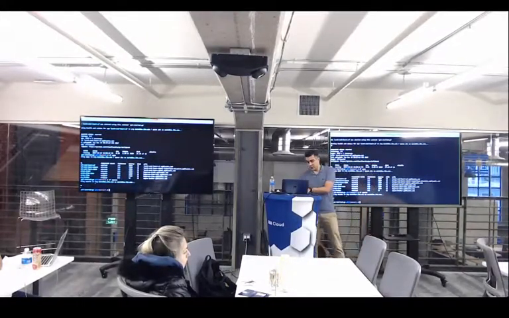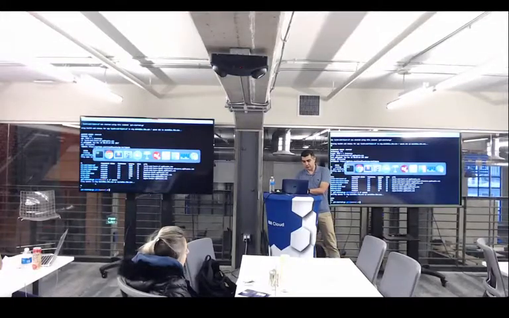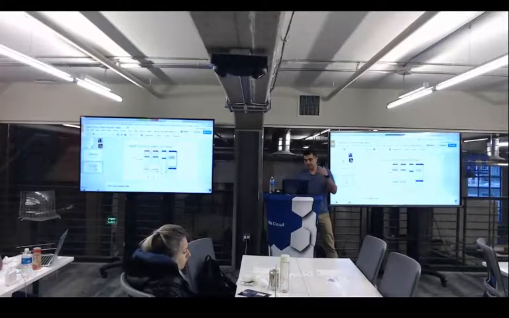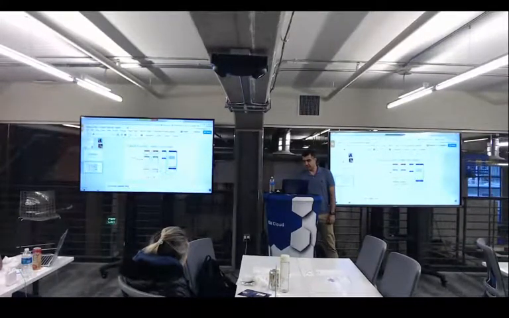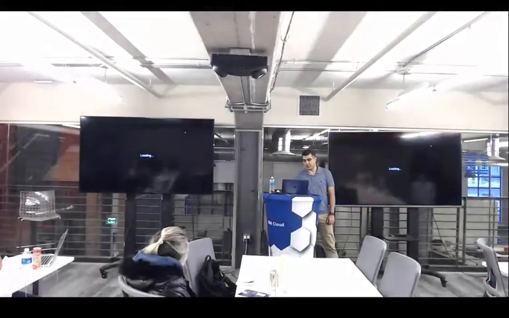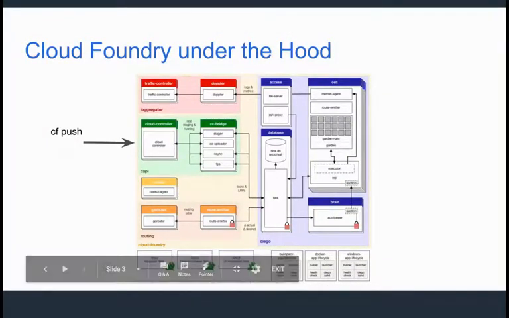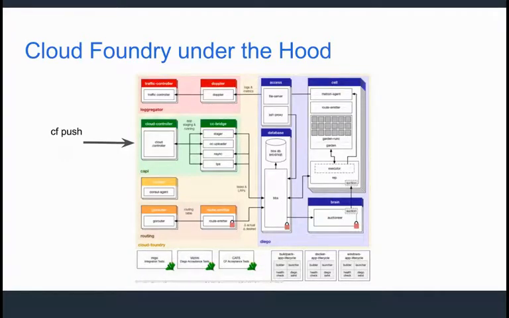Now, before I show you how you debug, I want you to have a better understanding of what happens under the hood for Cloud Foundry when we do a CF push. So when we do a CF push, this is a high-level architecture of Cloud Foundry, with all the different pieces and components. The component that I'm primarily a developer of is the Diego subsystem, which in itself is a distributed system.